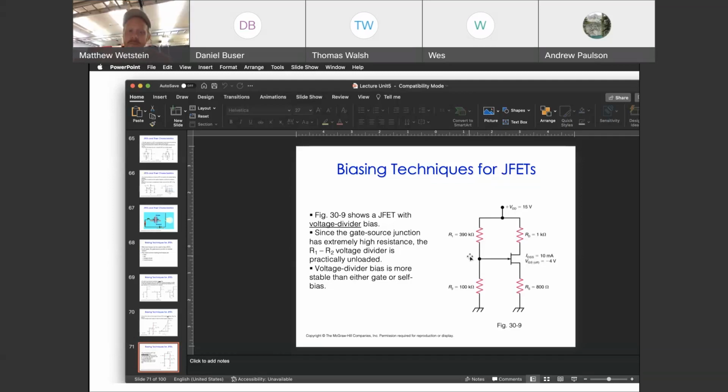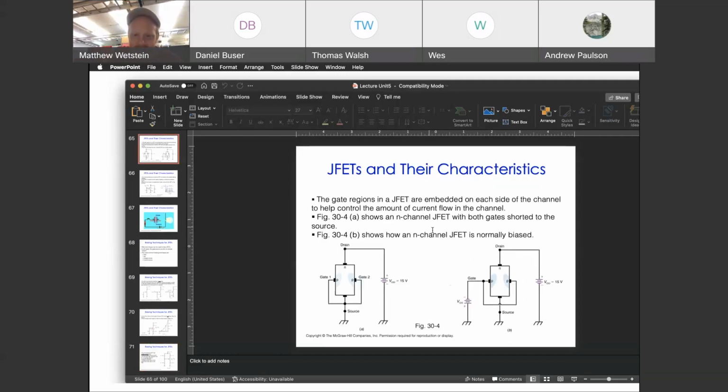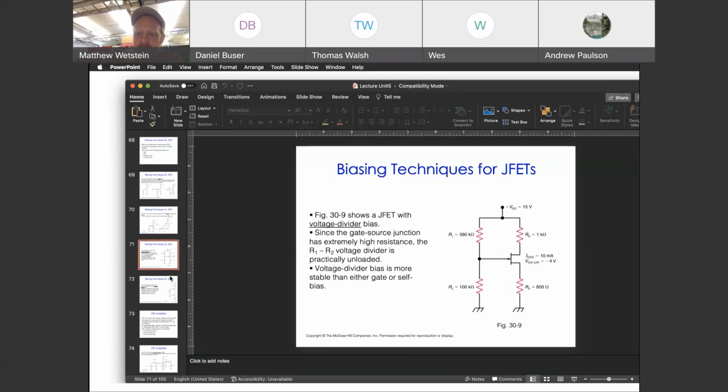Now, because field effect transistors have the gate in physical contact with the drain, as with all diodes, there is a slight leakage current. So it's not technically true that there's no current, but however small it is in a BJT, it is much smaller for a JFET, and that's the key thing to bear in mind.